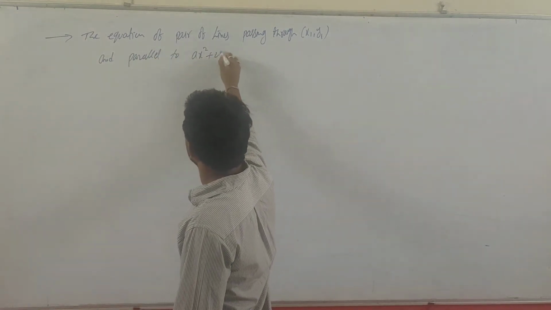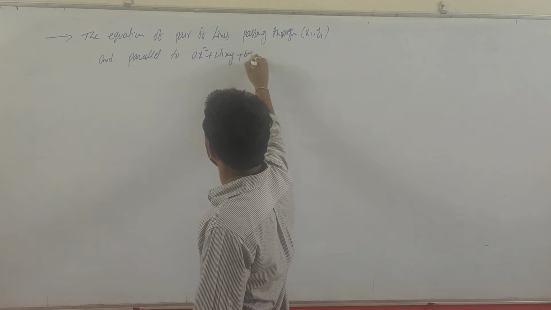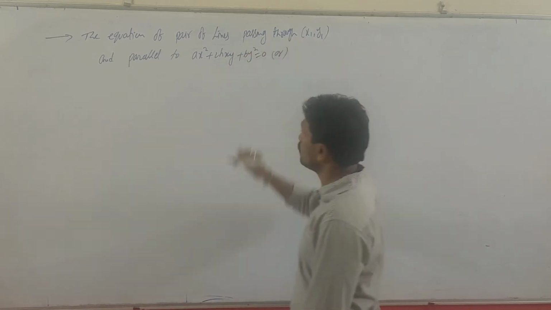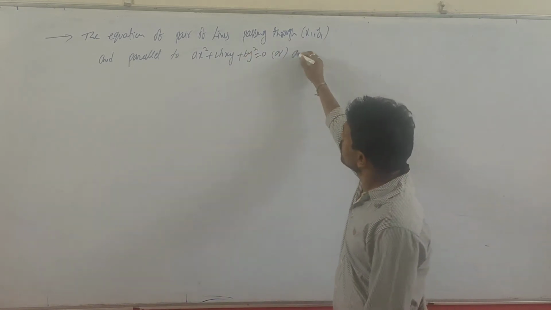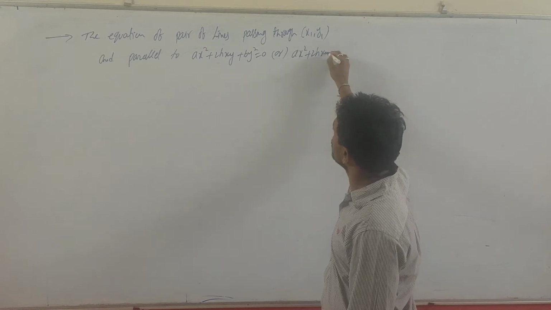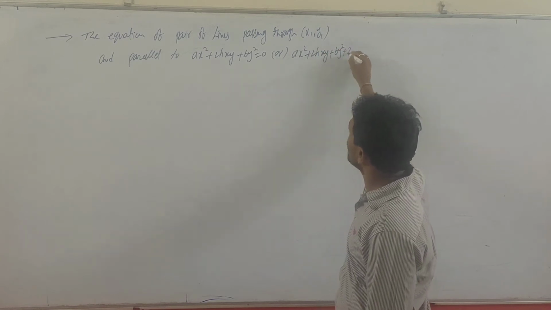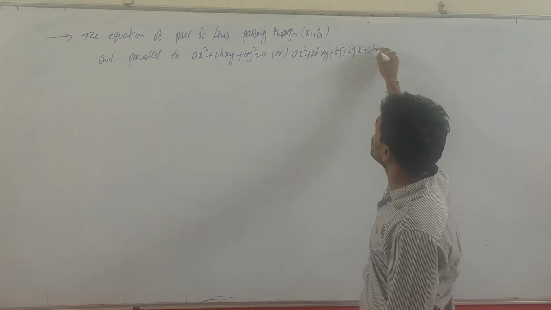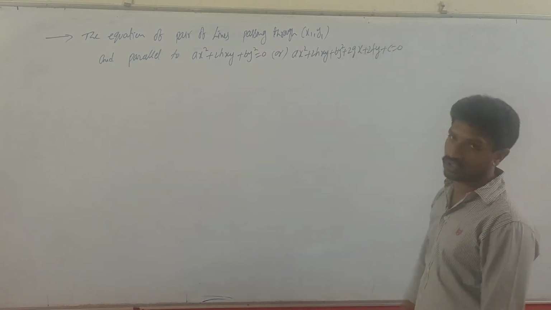ax² + 2hxy + by² = 0 or ax² + 2hxy + by² + 2gx + 2fy + c = 0.